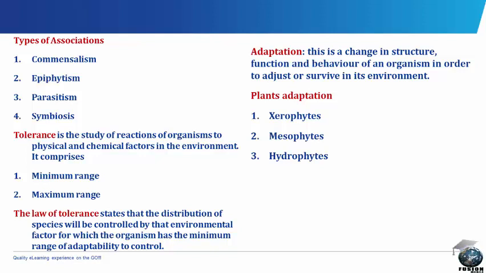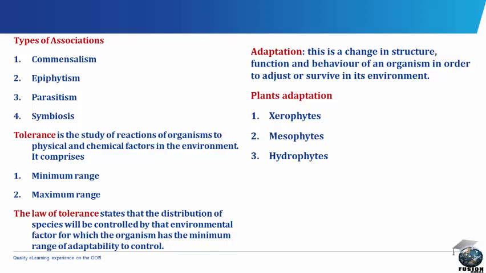Tolerance is a study of the reaction of organisms to physical and chemical factors in the environment. It comprises the minimum range and the maximum range. Minimum range is the narrowest range of factors at which distribution of organisms will be affected in terms of survival, growth, and reproduction, while the maximum range is the highest range of factors at which distribution of the organism is mostly affected in terms of survival.